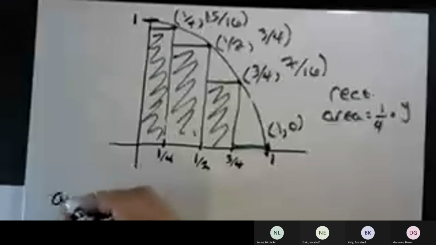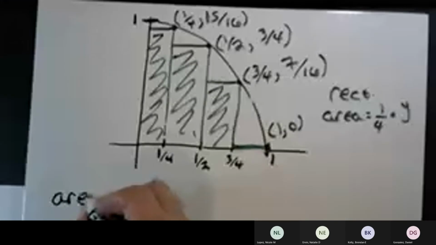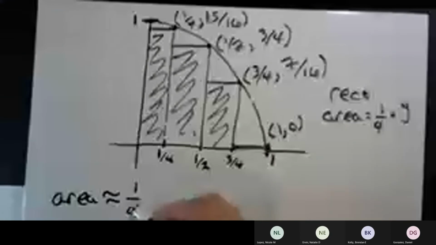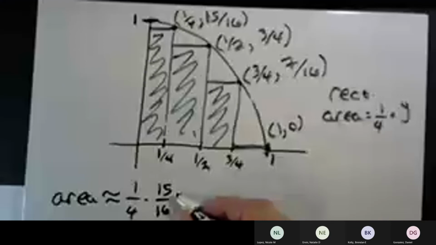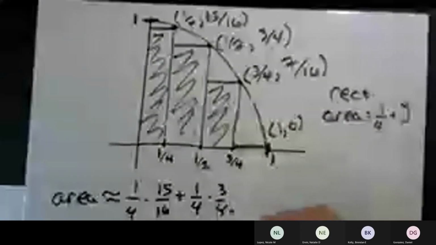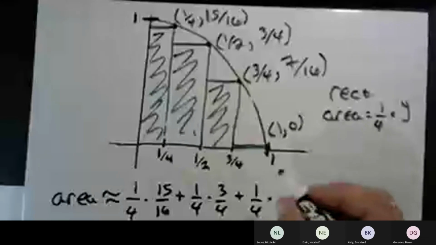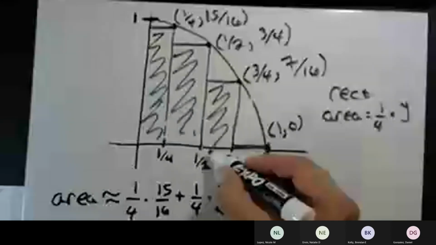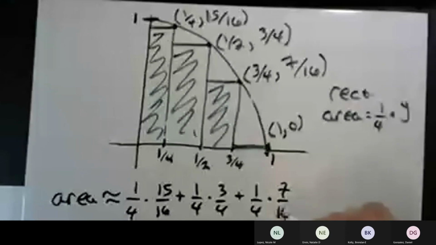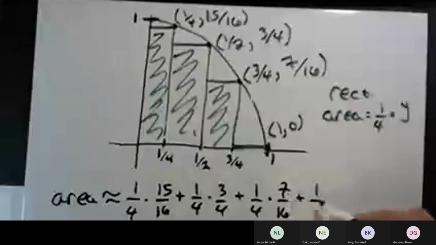So that means the area using this lower sum is 1/4 times 15/16, 1/4 times 3/4, 1/4, again that's the base of this rectangle, times the height, 7/16, and then 1/4 times 0.